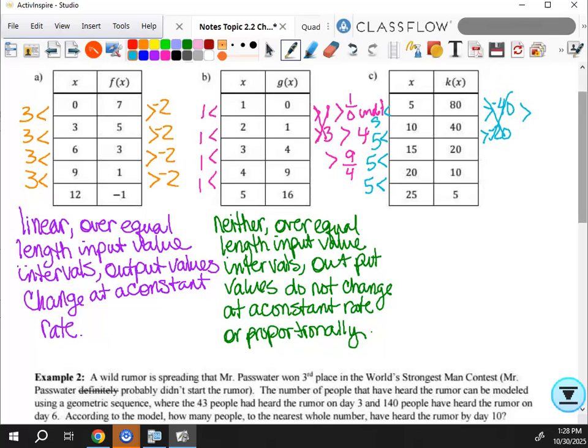Then I start doing the ratios. 40 over 80 is 1/2. 20 over 40 is 1/2. 10 over 20, 1/2. 5 over 10, 1/2. So what is this? Exponential. So exponential. And then I bet you could write the rest out. You can at least get it started on your own.